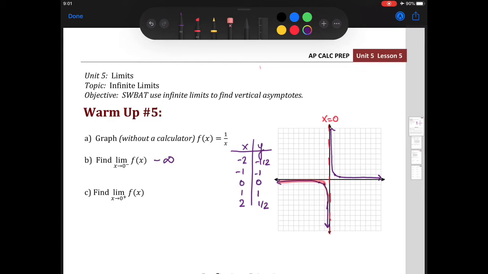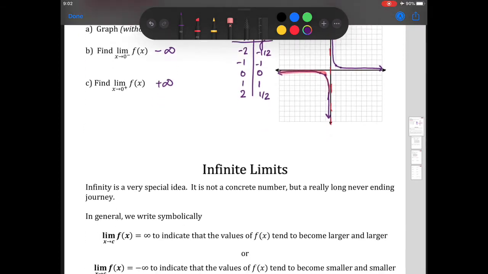Do we all see that? The closer I get to 0, the more it is approaching -infinity. And similarly, as my x is getting closer and closer to 0 from the right, my f of x is approaching +infinity.